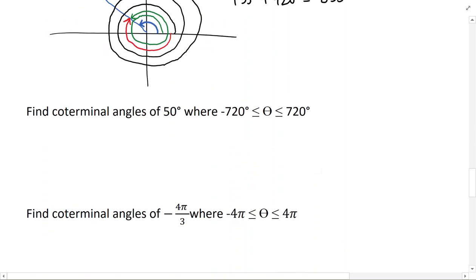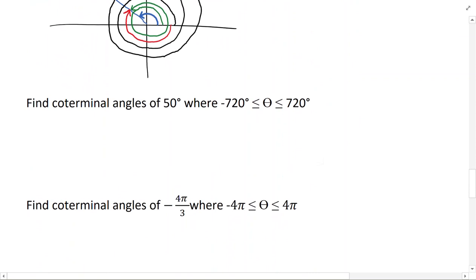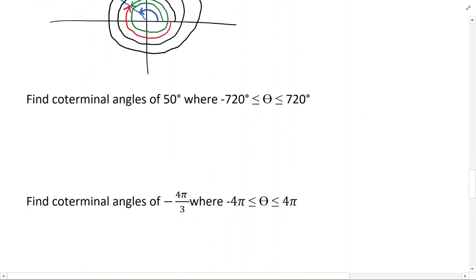All right, so let's find coterminal angles of 50 degrees, looking at the range between negative 720 degrees and positive 720 degrees. I'm going to start by drawing a sketch, really just to visualize it a little better. 50 degrees would be somewhere here in this first quadrant, and we're looking in between a certain range here.